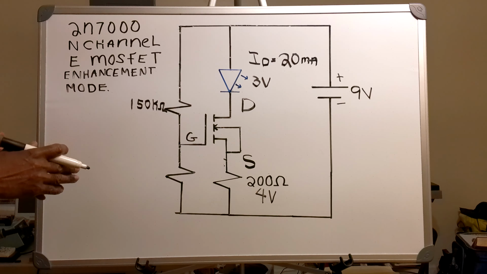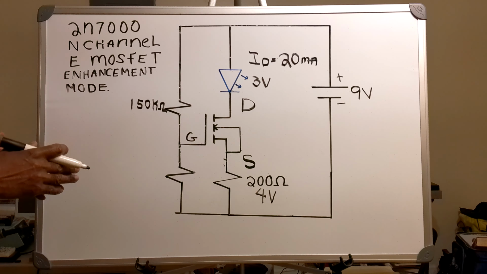Now at this point, the value of this resistor is really arbitrary. But now I'm going to have to choose the value of this resistor very carefully.